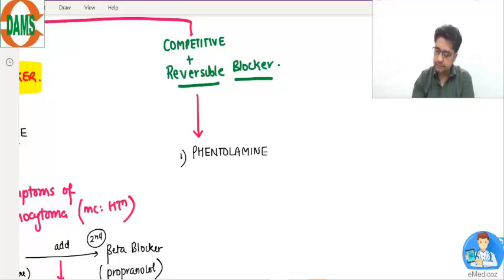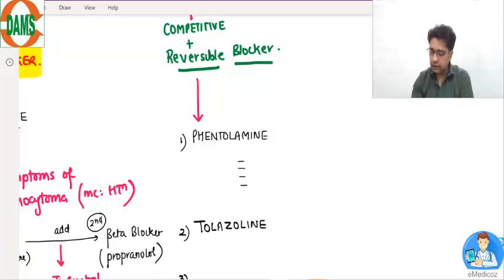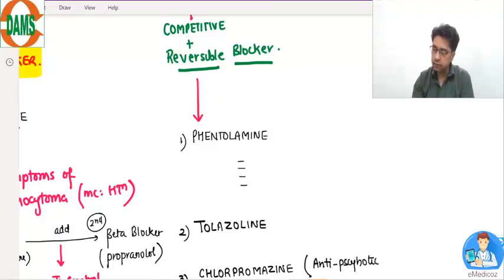Leave four lines below phentolamine. Then write tolazoline. And third, you will write one antipsychotic drug, chlorpromazine. It's an antipsychotic; I told you about this drug in amphetamine poisoning.